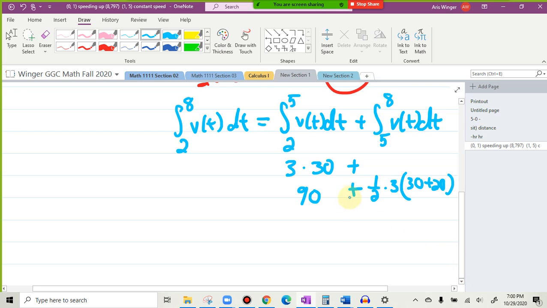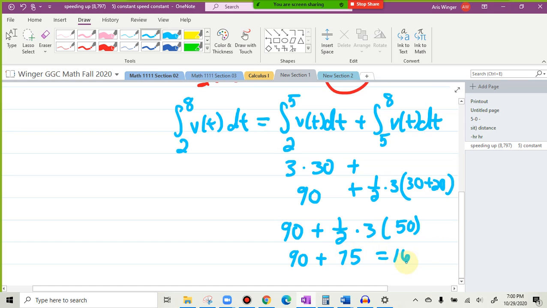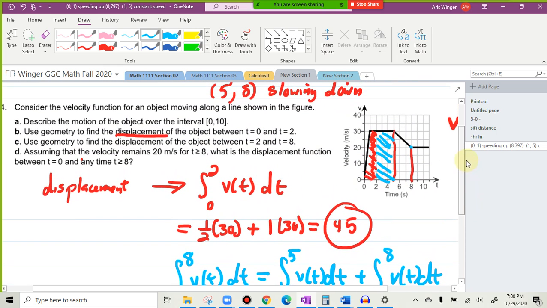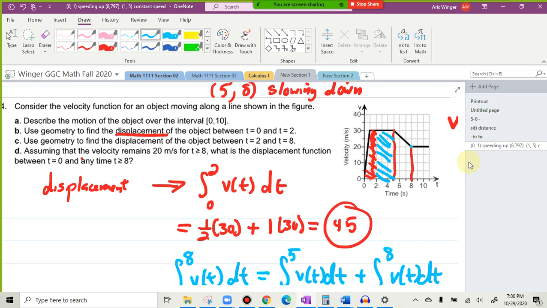So 90 plus 1/2 times 3 times 50, which is 90 plus 75, 165. Between 2 and 8, you're 165 meters farther from where you were at 2 when you're at 8.